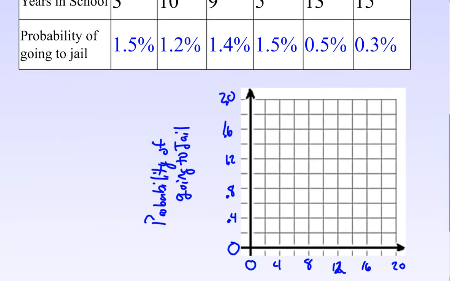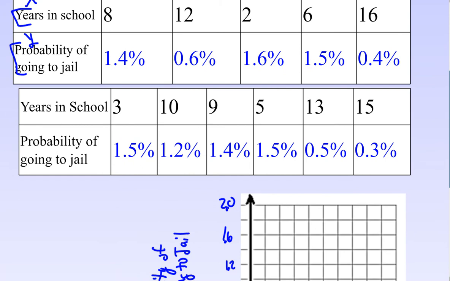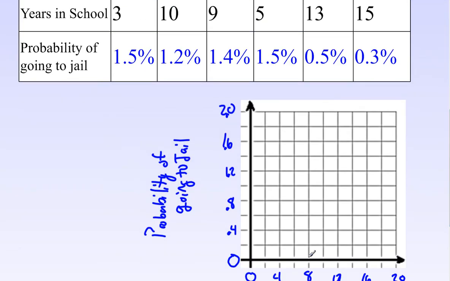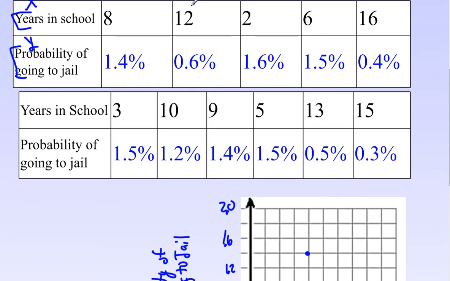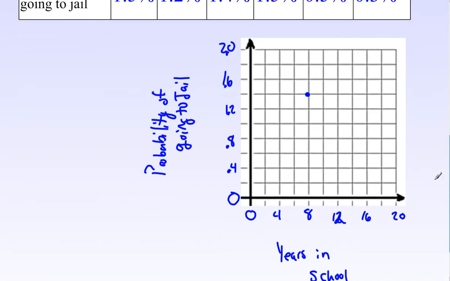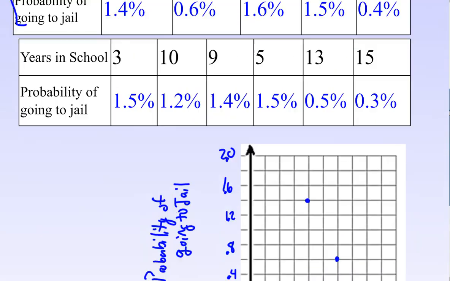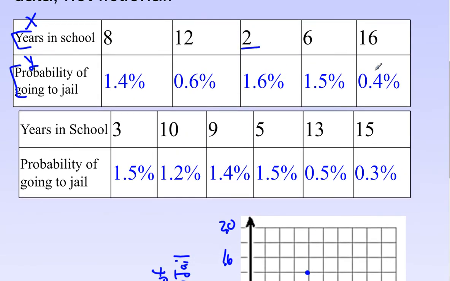Okay, let's see here. So, first point, we need 8 years, 1.4. 8 years of school, 1.4. 12 years of school, 0.6. 12 years of school, that'd be graduating. 0.6. 2 years of school.